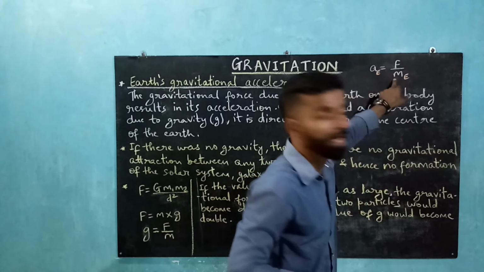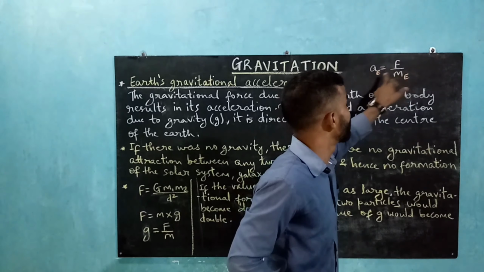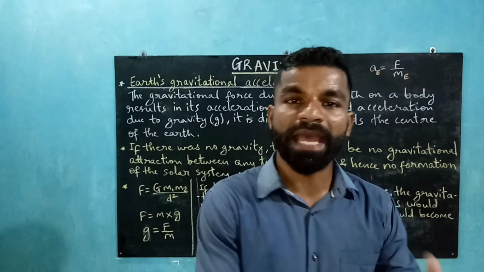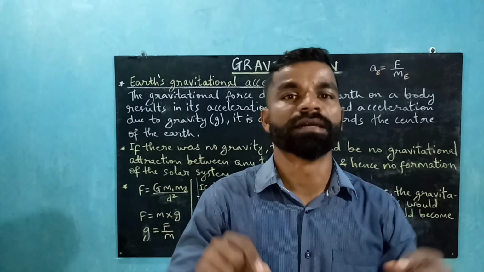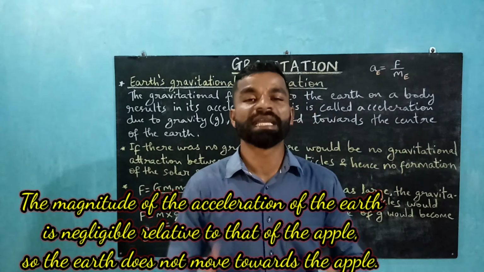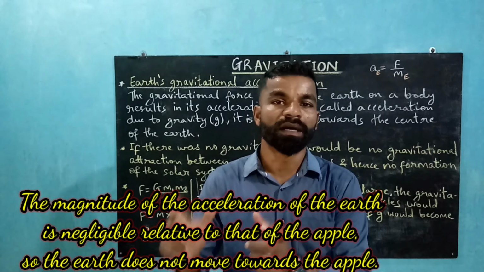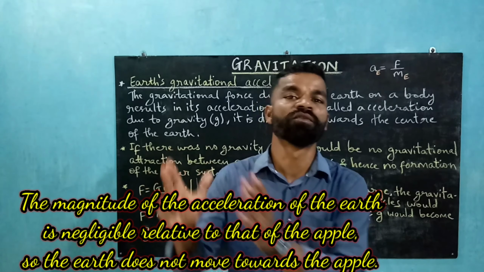The apple will be around half a kg, so 0.5 kg. We get a certain value for the acceleration of the apple, and compared with the acceleration of the Earth, it is quite higher. The acceleration of the Earth is very negligible, we can consider it as 0, and that is why the Earth does not go and fall on the apple, or move towards the apple.